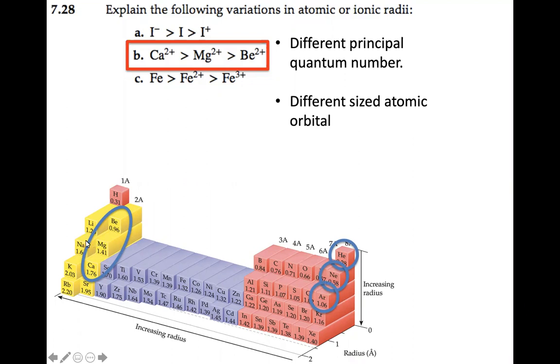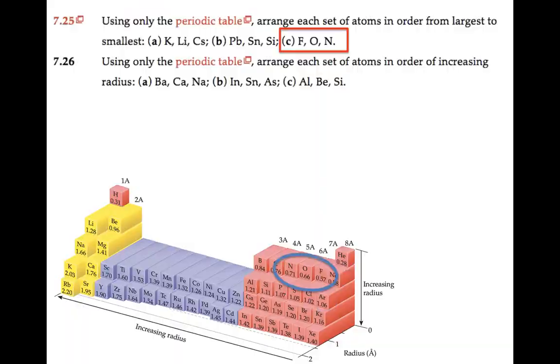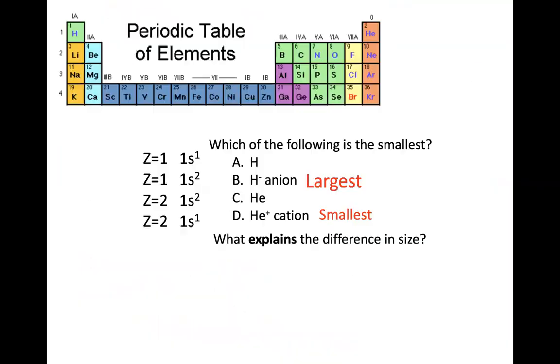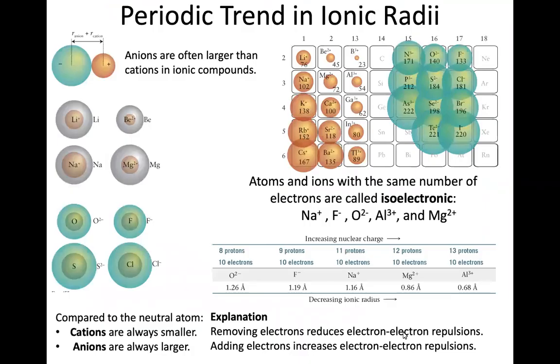That would be even smaller, because now I'm once again isoelectronic with neon, but I've got even more protons present. Let me double back, because we actually had some data where the key difference is simply the number of protons. We see how adding more and more protons for the same number of electrons leads to a contraction.